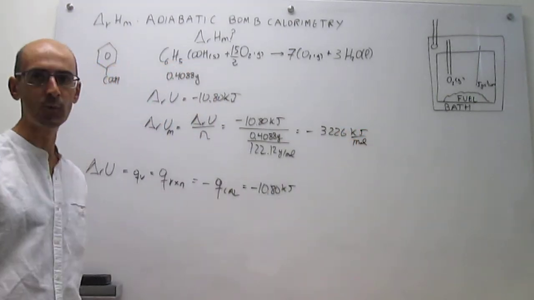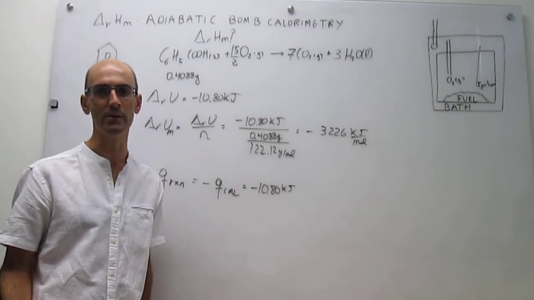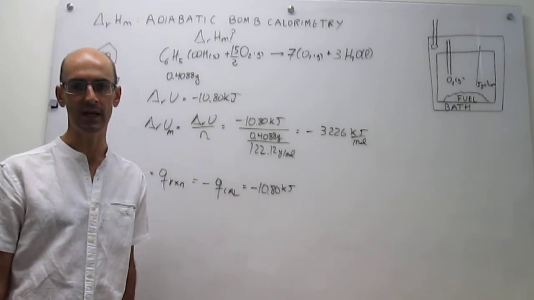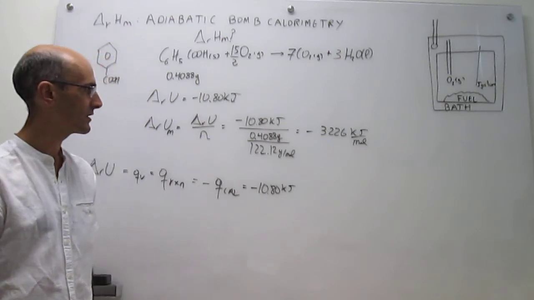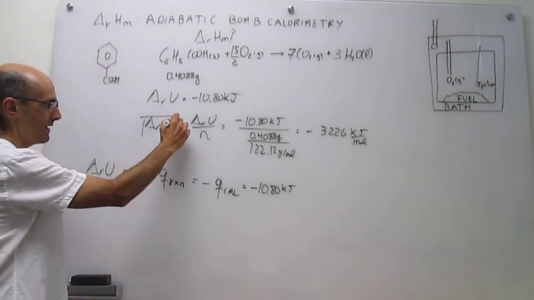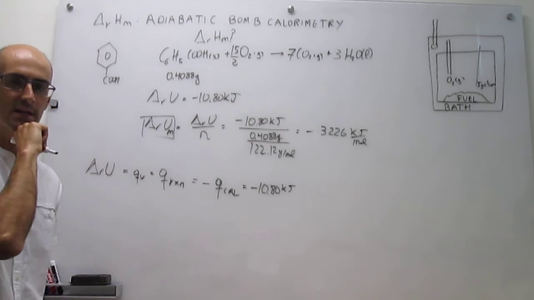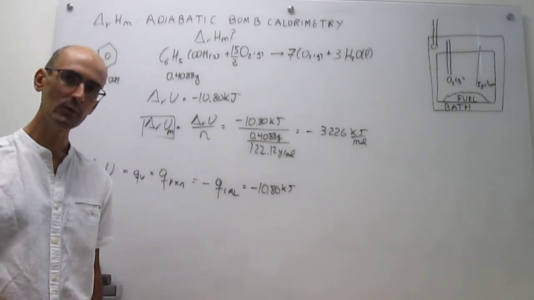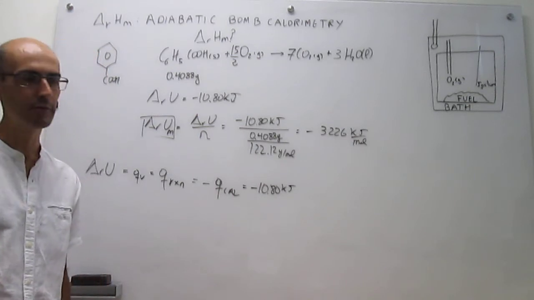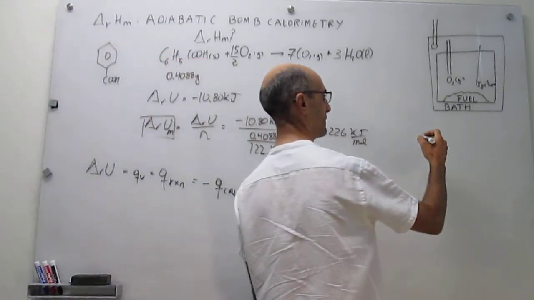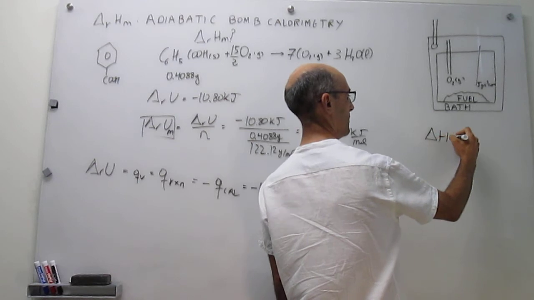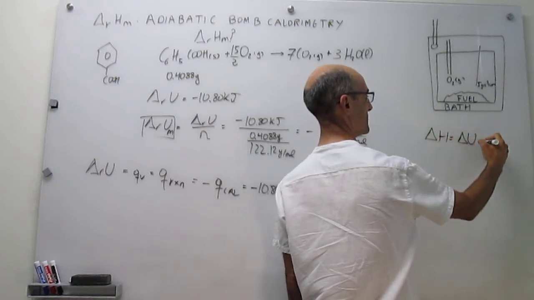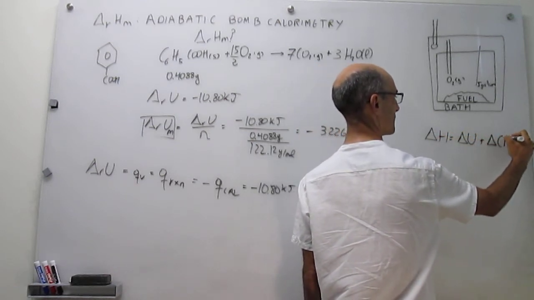Okay, and there's just one more step that we need to work out to determine what the change in enthalpy is in the reaction. We now have the change in internal energy, and we've got to calculate the change in enthalpy. But of course we can do this with the definition of enthalpy. Remember that the change in enthalpy was simply the change in internal energy plus delta PV.